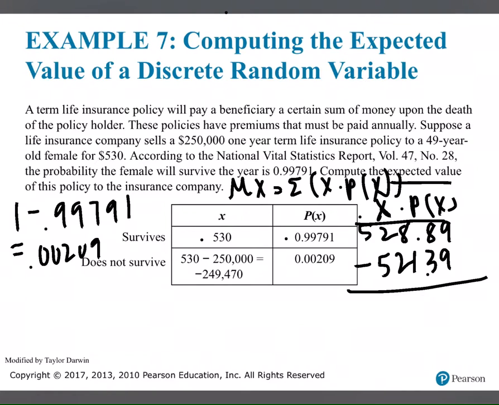And I get $7.50. So it's positive, which means that the insurance company expects to make $7.50 off of this female for the year. If it was negative, they wouldn't be doing a very good job. Their business would go under because they're not making any money.